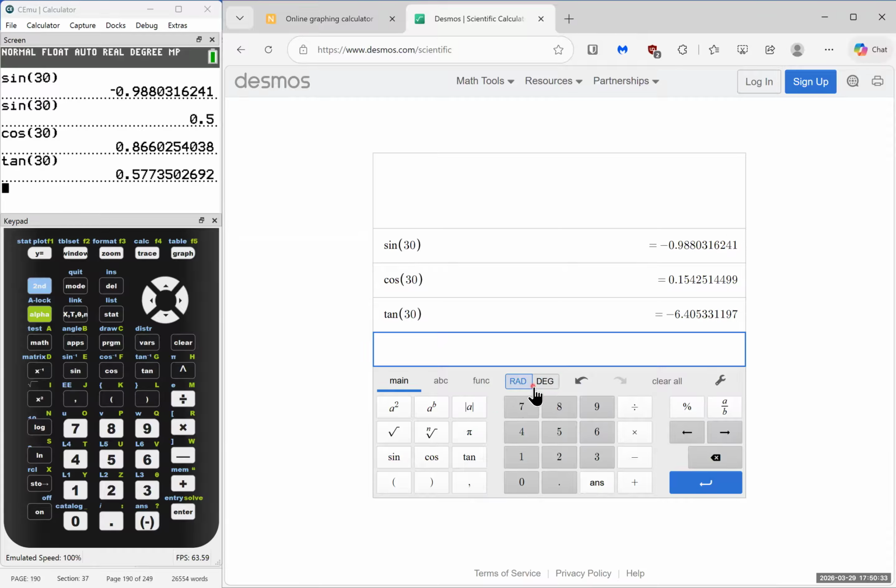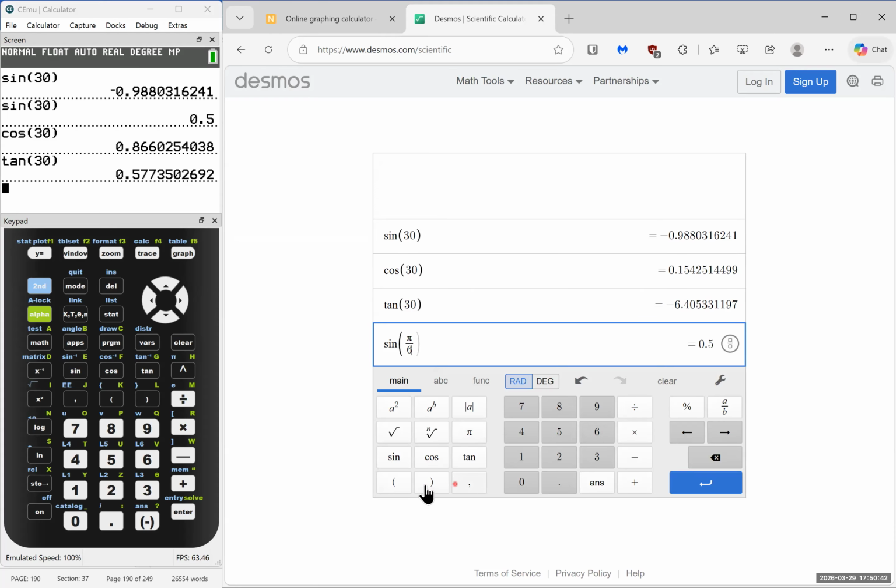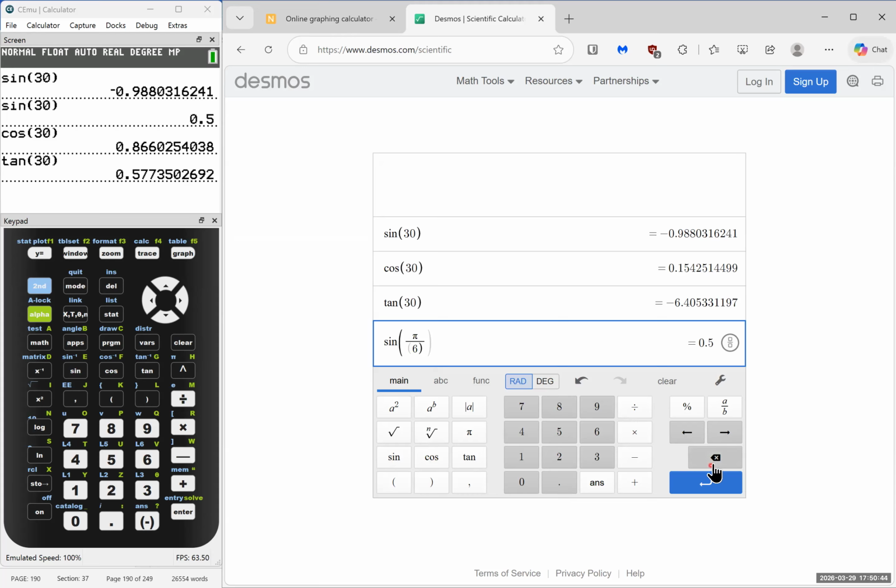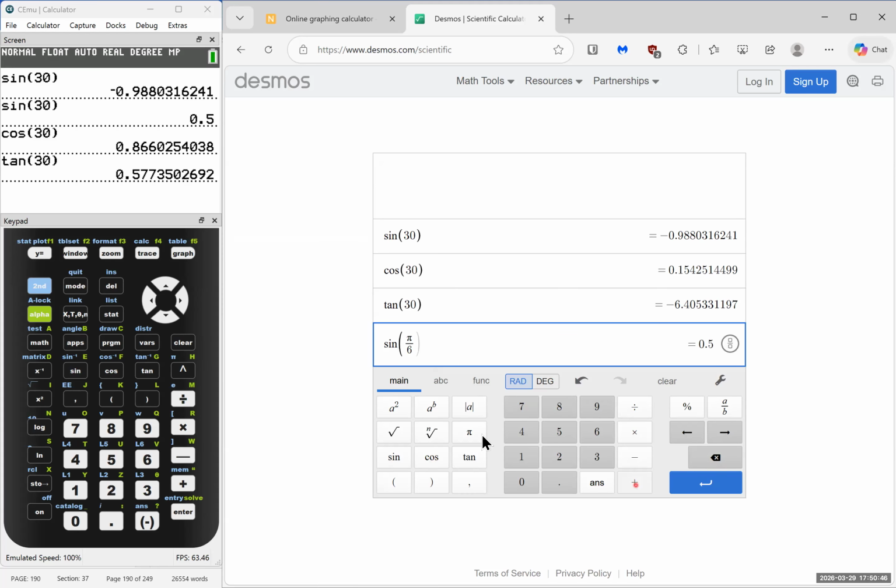If you switch this over to radians, and you wanted the sine of pi over 6, do that. Oops. Let me see here. I want to go to the right. Here we go. And then hit enter.